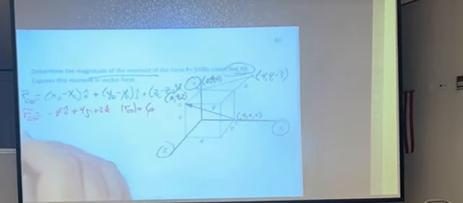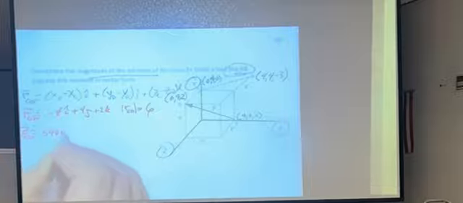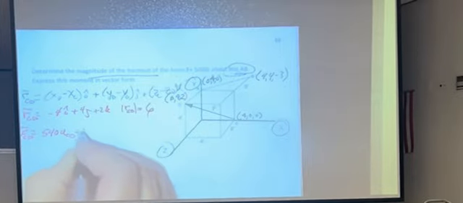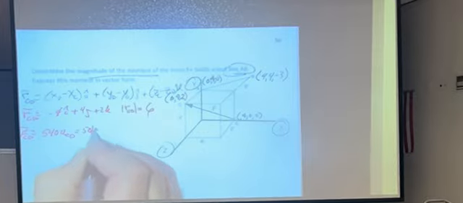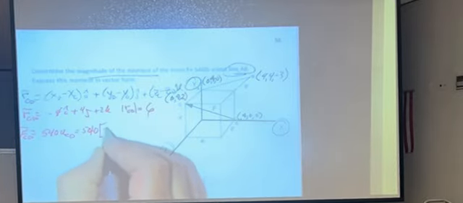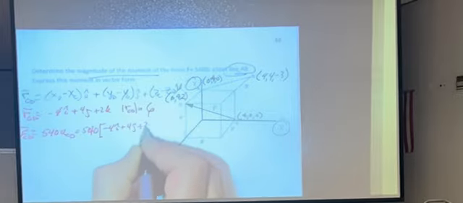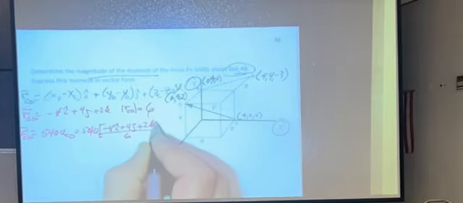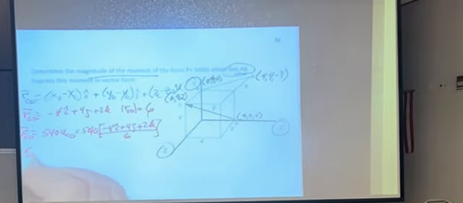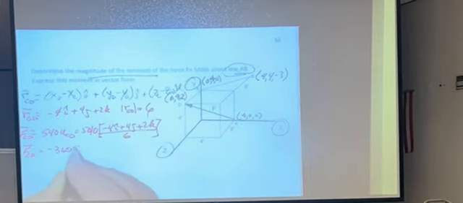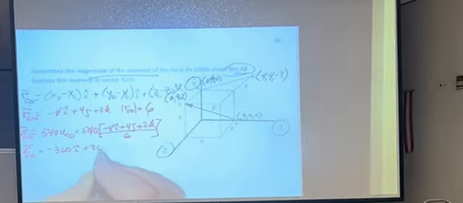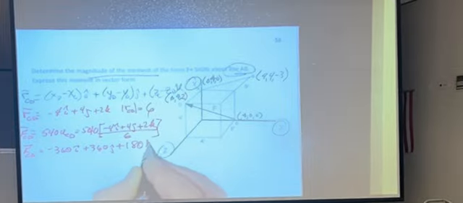So now the force FCD is equal to 540 times the unit vector CD, which is 540 times minus 4I plus 4J plus 2K, divide this by 6. FCD vector comes out minus 360I plus 360J plus 180K.